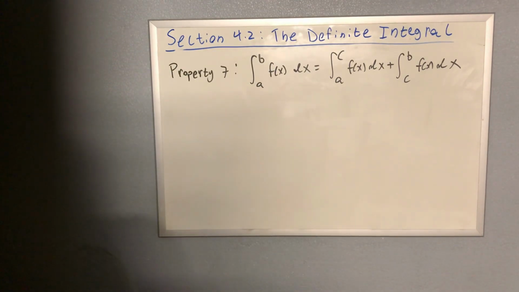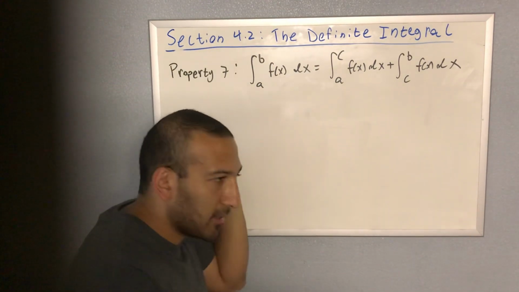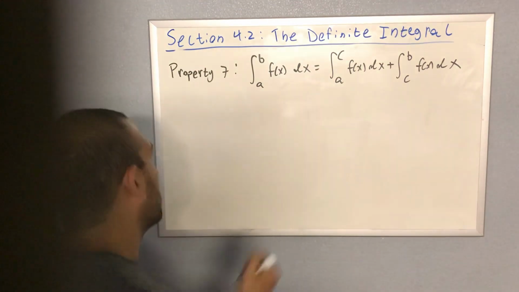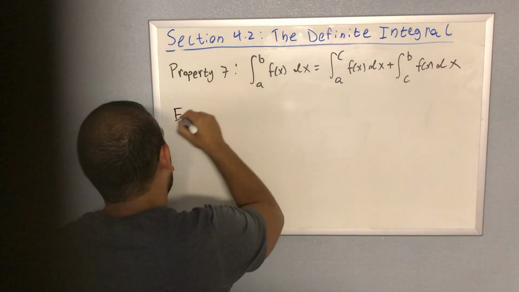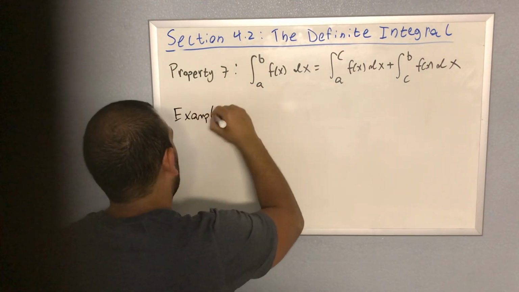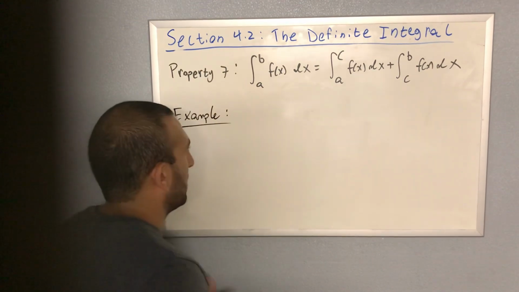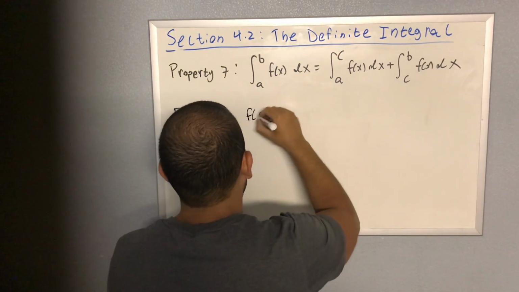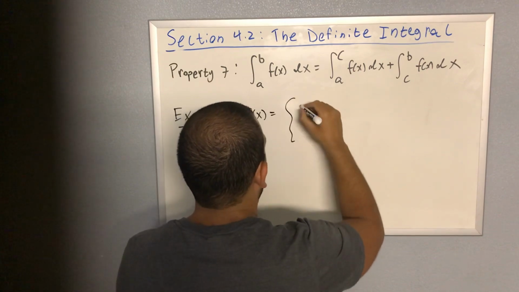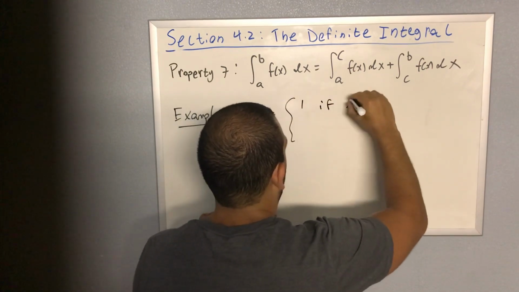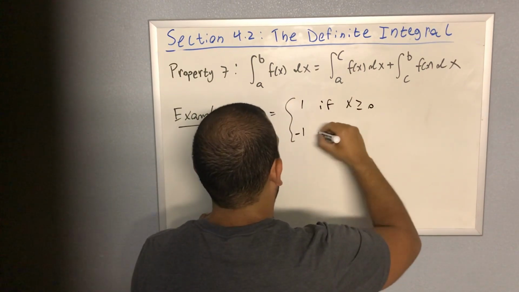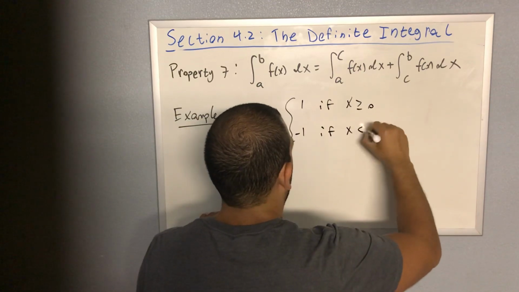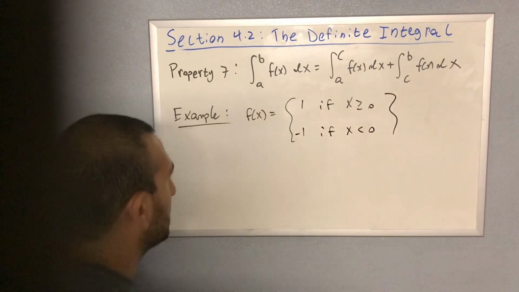And this will kind of use that theorem about the jump discontinuities that we saw earlier. So we're going to consider this function, a very famous function. So let's think about this function.